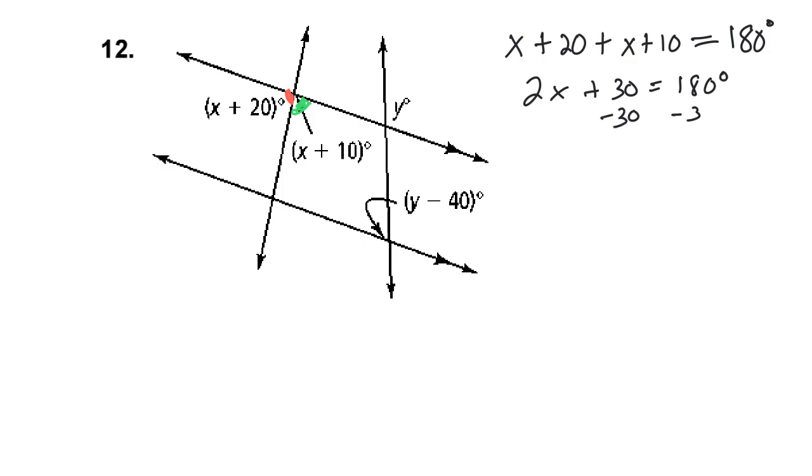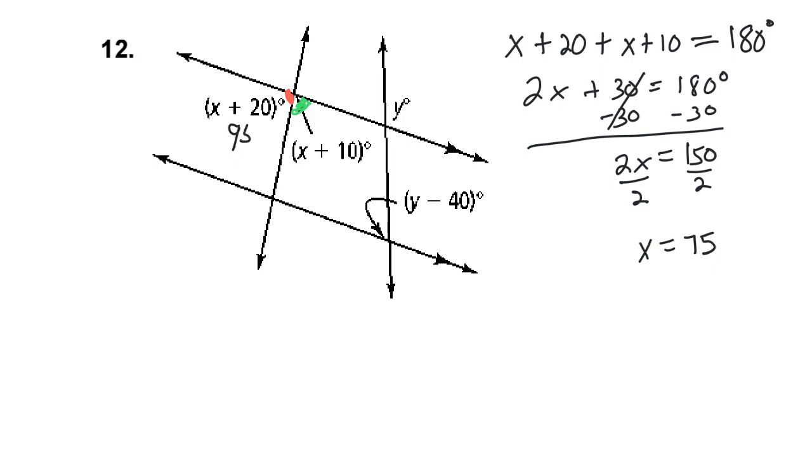Subtract 30 from both sides. So 30 minus 30 is 0, so 2x equals 150. Divide by 2. x is equal to 75. Okay. So now you're going to substitute into the equation. So this is going to be 95 degrees, and this is 85 degrees.